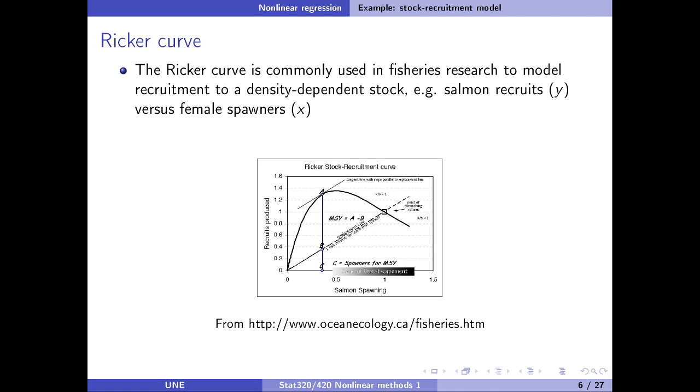However, the Ricker curve, when used appropriately, can be quite valuable. The model describing it is y equals beta naught times x e to the minus beta 1 x. So in this case, if x would be the number of salmon spawning, y would be the number of recruits produced.